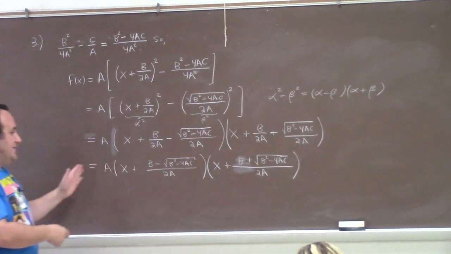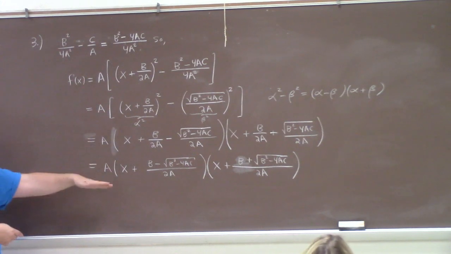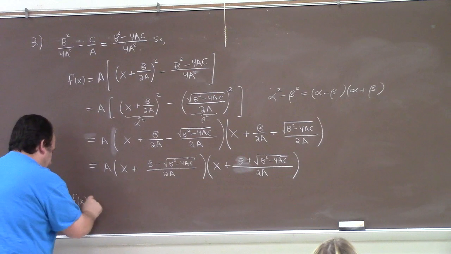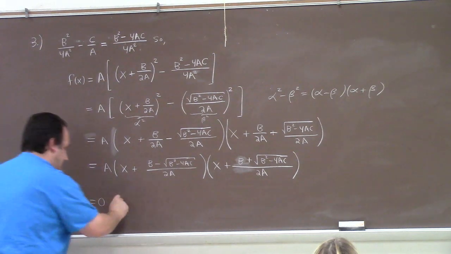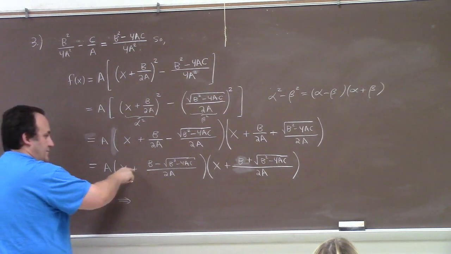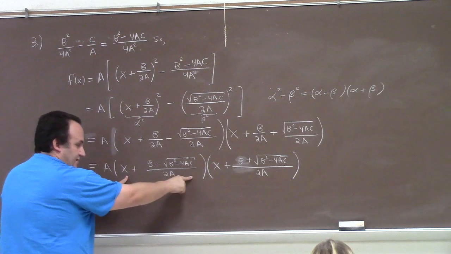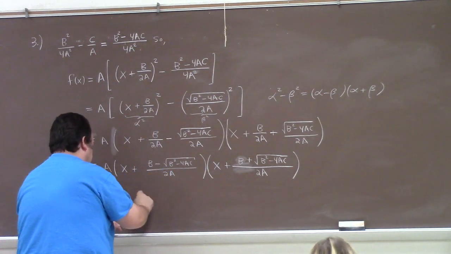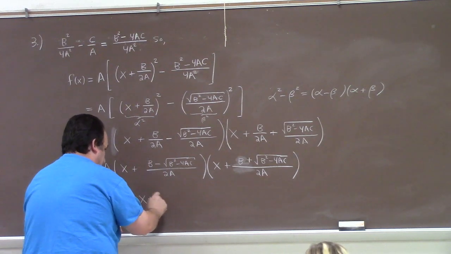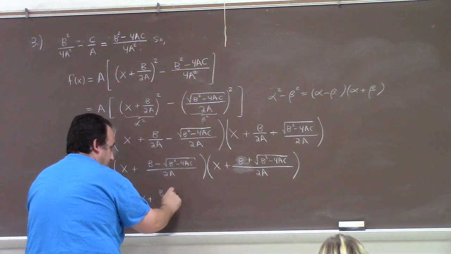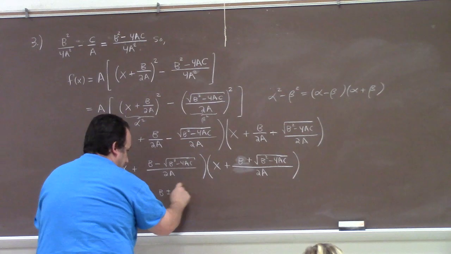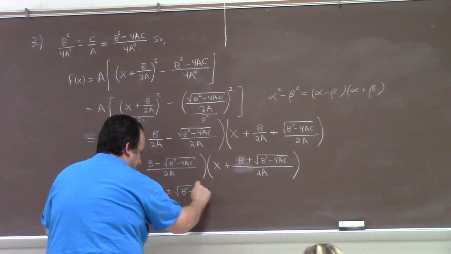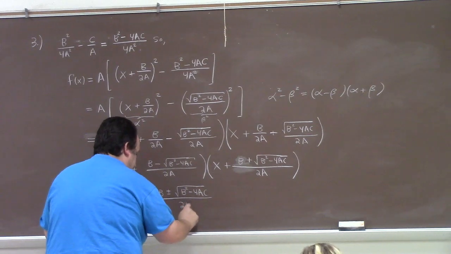So we have alpha minus beta, alpha plus beta here. What happens if we set f of x equal to 0? We try to solve the polynomial equation. What does that give us? We have to have this is 0 or that is 0. So x plus b, plus or minus the square root of b squared minus 4ac, divided by 2a, has to be equal to 0.